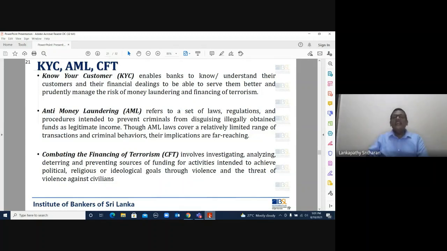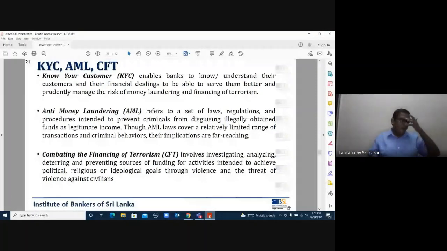The KYC says he has mentioned 50,000, and in this particular bank account he is always depositing 50,000, but suddenly 5 million is being deposited every month for the last 6 months. Then they will get an alarm. How will they get the alarm? Because they know about the particular customer and his behavioral pattern, his earnings and all. That gives more understanding about the customer, and it will facilitate managing the risk emanating from money laundering and terrorism financing.